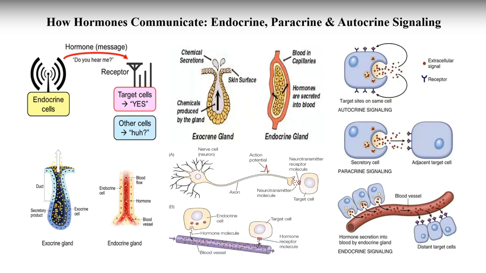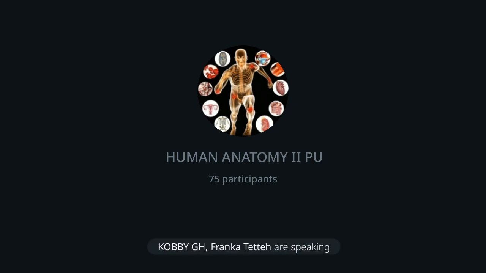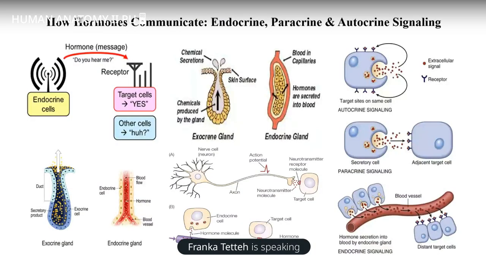Yes, but with endocrine, the same cell will not have the receptor; it will go and influence another. Then I'll do the endocrine. A cell produces a hormone to have influence on another cell having a receptor, through a blood vessel.